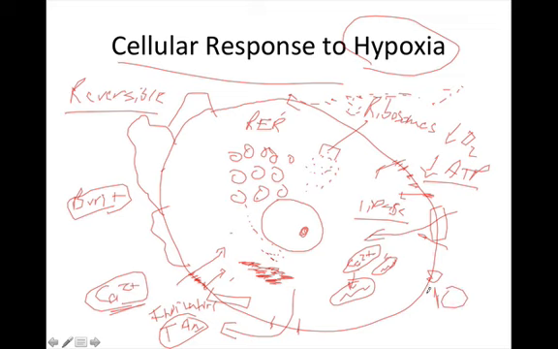Now, if you see this protein start to leak out and accumulate in the bloodstream, that's typically an indicator that, okay, we have cellular damage here. So this person is not only having an ischemic heart, they could be in the midst of having a mild heart attack. All right, so you get the picture.